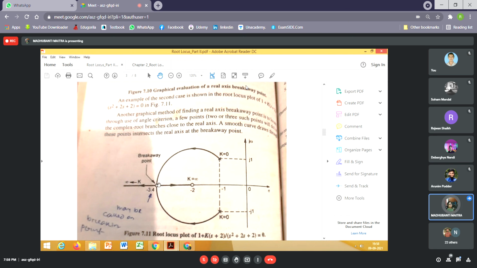Now, when the root branches move in this direction or in this direction, the value of gain k increases towards infinity. So on the real axis, in case of a break-in point, the value of gain k is minimum. Have you understood this?